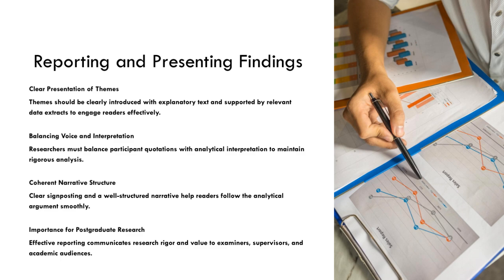The quotations should support your analysis, not replace it, so your argument remains rigorous and insightful. Maintaining a coherent narrative structure with clear signposting is key to helping your readers follow the flow of your analysis smoothly. Visual aids, like thematic maps, can also be incredibly useful for enhancing clarity.